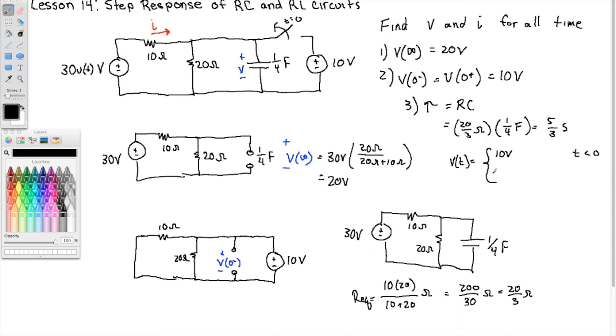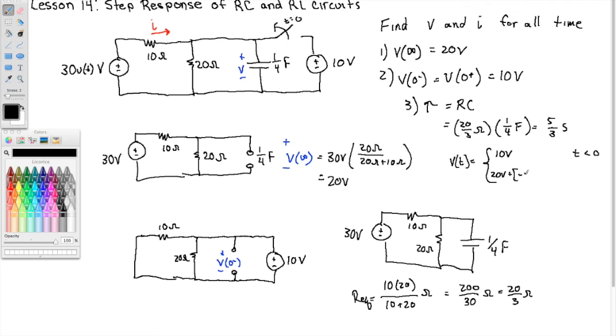So at that point, we're going to make use of that systematic equation: V of infinity, 20 volts, plus V of 0 plus, which is 10 volts, minus V of infinity, 20 volts.